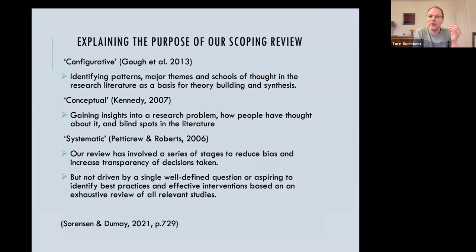And it offered a particular take on a systematic review because we were going through particular stages, not with the purpose of identifying the effectiveness of policy interventions, but to explain in quite some detail and try to be transparent about the decisions that we made as part of this review. And again, we were not trying to be exhaustive about all the literature on this topic, but we wanted to look into a substantial part of it.